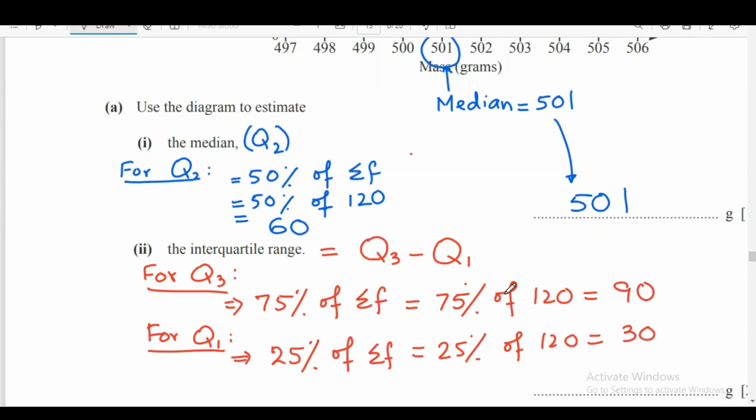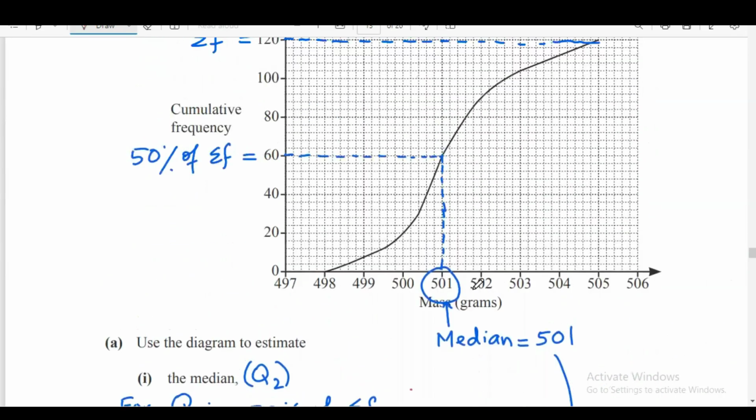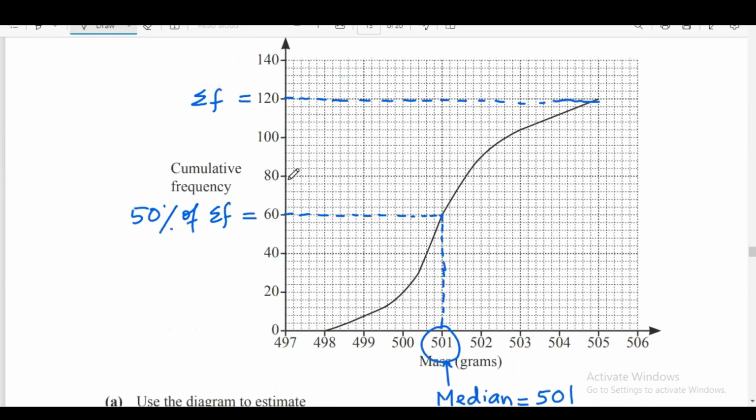So for Q3, mark the value of 90 on the y-axis. 90 is in between 80 and 100, so 1, 2, 3, 4, 5, it is half of this. This is our 90 value, for Q3, 75% of sigma f.